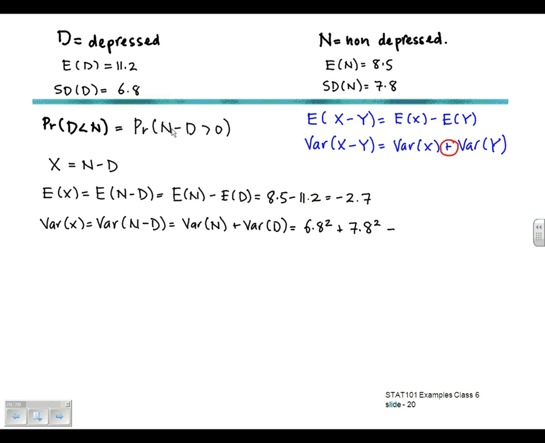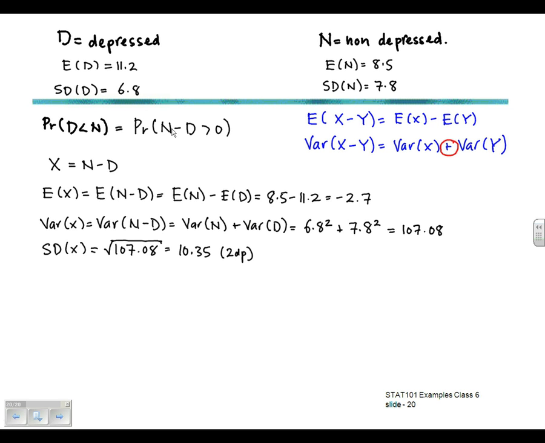So when we find that variance total there, that gives us 107.08, and so the standard deviation of x is the square root of 107.08, and that comes out to be 10.35 to 2 decimal places.